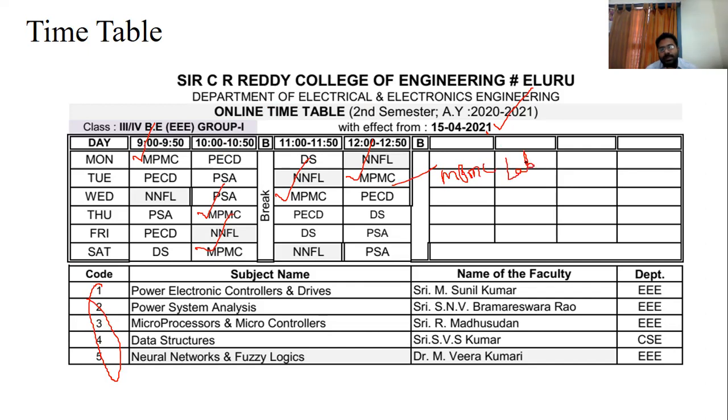In this laboratory, we are going to perform some experiments like additions, subtractions, and how to interface devices to the microprocessor and microcontrollers, using different programming techniques to write the programs. So this is the timetable. You can follow and save this timetable. This is the online timetable for group 1.